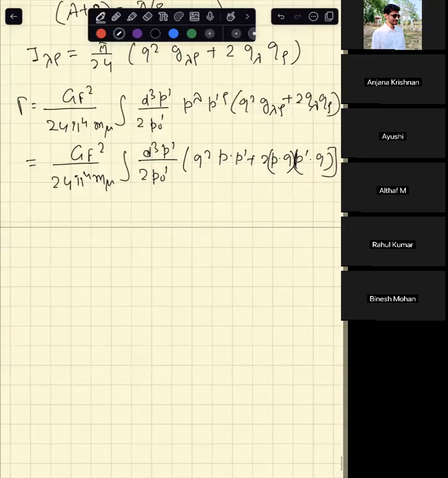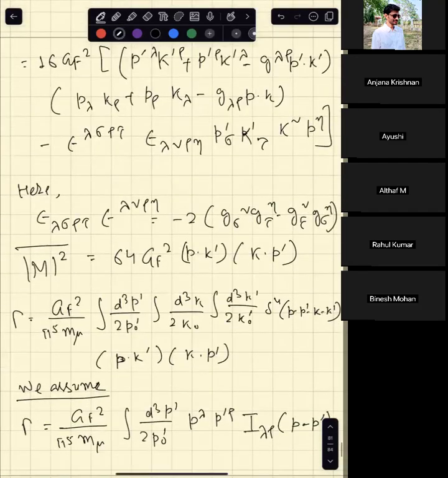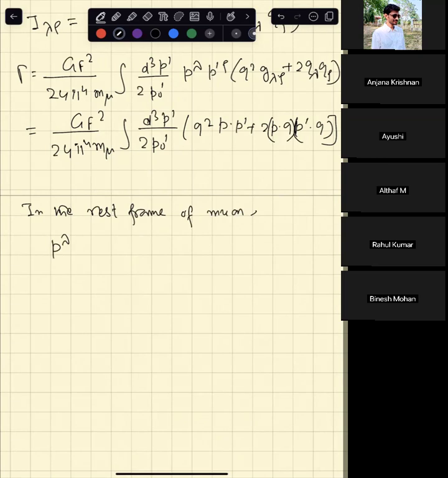Fine. So up to this part is fine. And now the formula that we have introduced in the gamma, in the rest frame of the muon. So in the rest frame of the muon, how can you write down the four momentum? It's basically m mu, and there is no three momentum, right?